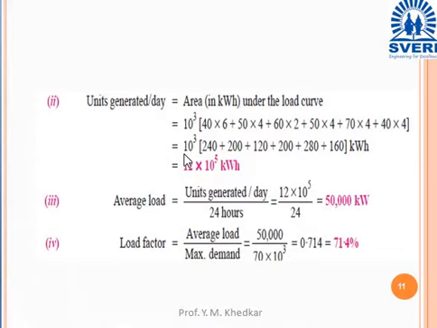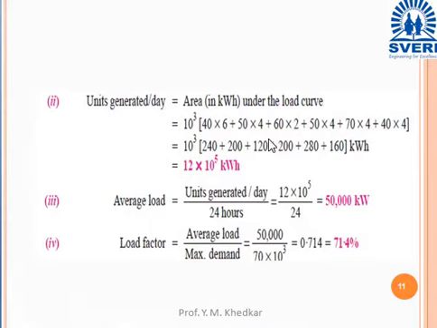So to convert megawatt into kilowatt we have taken the multiplication factor 10 raised to 3. One by one we will take the area under the load curve into consideration: 40 multiplied by 6 plus 50 multiplied by 4 plus 60 multiplied by 2 plus 50 multiplied by 4 plus 70 multiplied by 4 plus 40 multiplied by 4. In this way the total units generated will be 12 into 10 raised to 5 kilowatt hour.